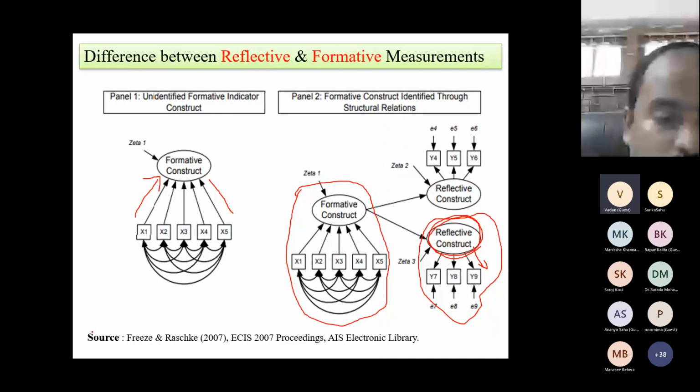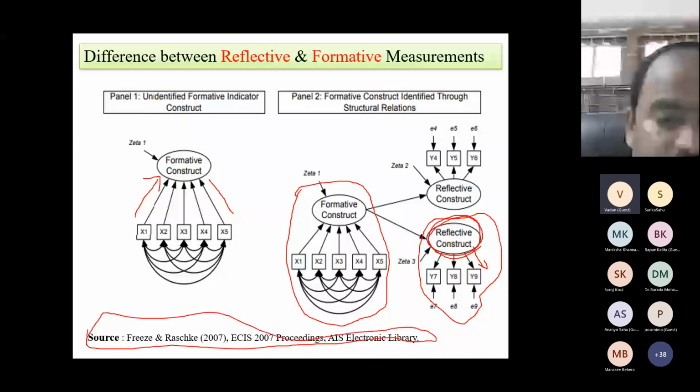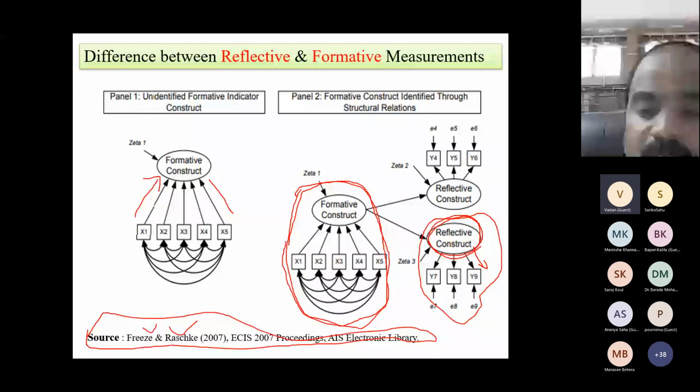It is freely available; I have put it in the source. You can download it. These two authors, Fries and Raske, have measured one construct in a formative way and another construct in a reflective way.